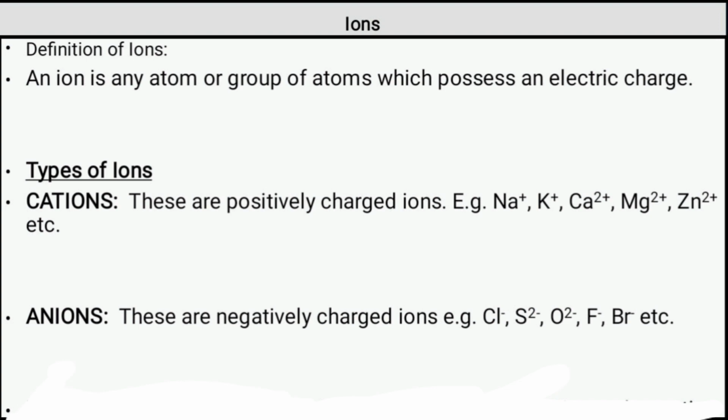If we have more protons present than electrons, then we say that substance is positively charged. But if it is electrons that are more, we say the substance is what? Negatively charged.